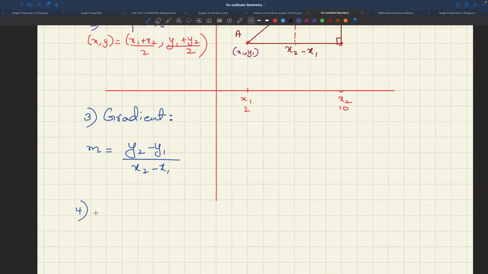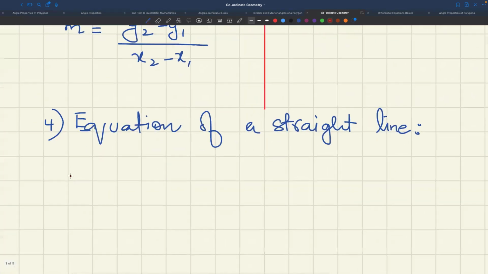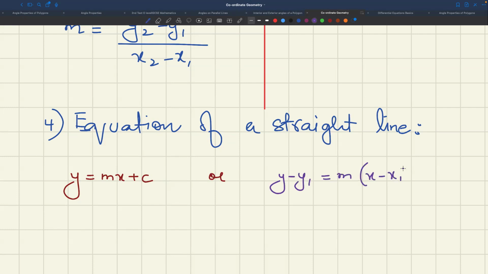The next thing is equation of a straight line. Now, equation of a straight line, when you were doing your O levels or GCSEs, you learned your equation of a straight line through this formula, y equals to mx plus c. You can use this or the formula that I think I've shown you as well, y minus y1 is equals to m into x minus x1.